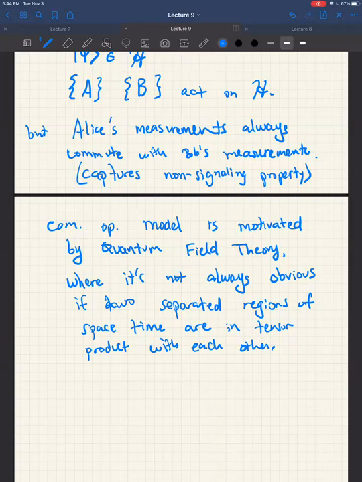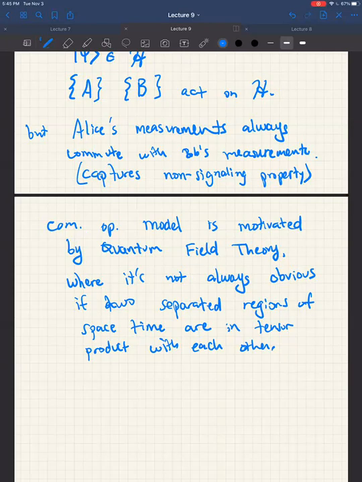In the theory, you can have two regions of space-time that cannot causally affect each other. And if you just mathematically model what's going on with them, you cannot separate them out into Hilbert space 1 tensor product Hilbert space 2.